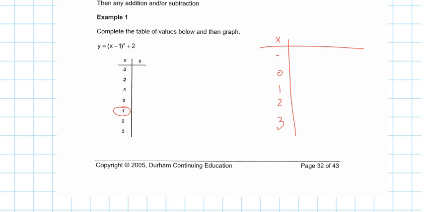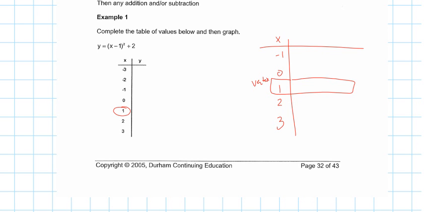These are the points that I would pick, because I know this is where my vertex is going to be. And then I want my other points to be around my vertex from both sides so I can see the symmetry.